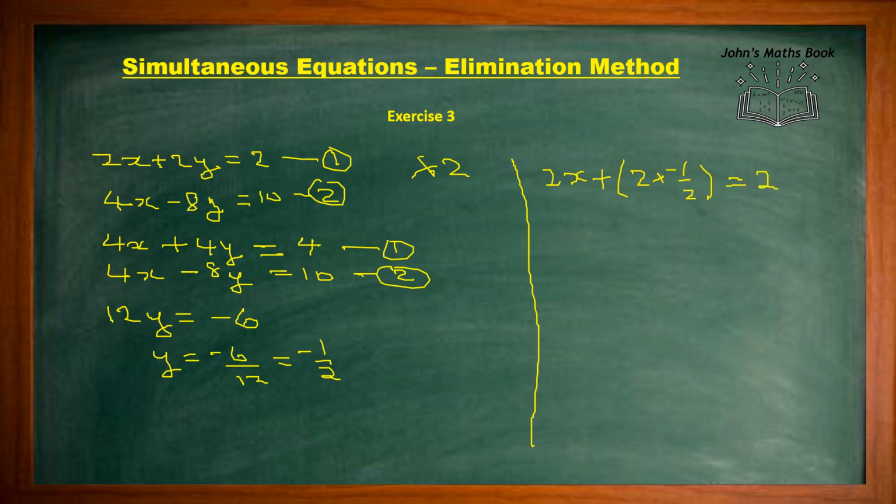So 2x plus 2 times minus a half is minus 1.